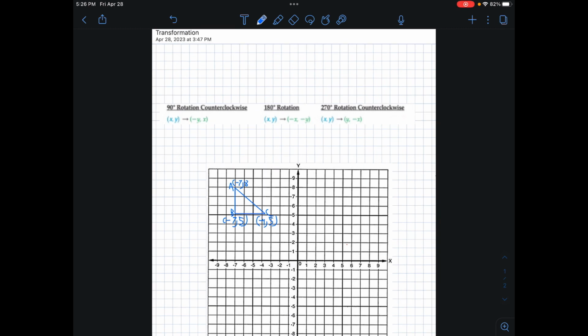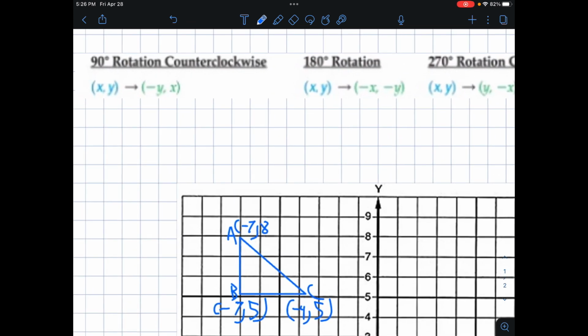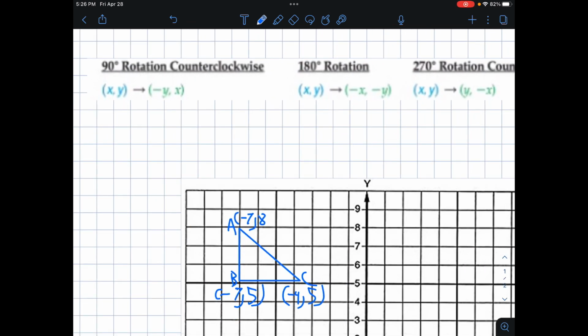Now, if you're just going to do a 90 degrees rotation counterclockwise, what you're going to do is swap your x and y. So now it's for A. Being negative 7, 8, it's going to be 8, negative 7.